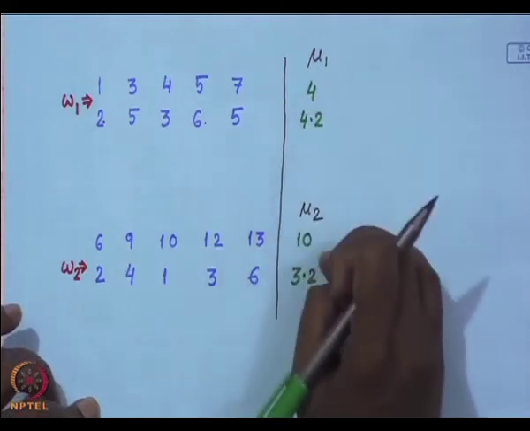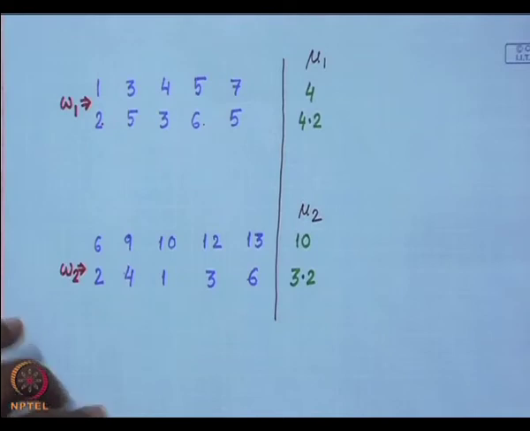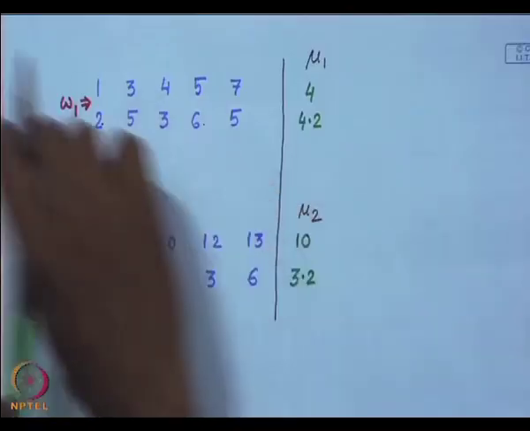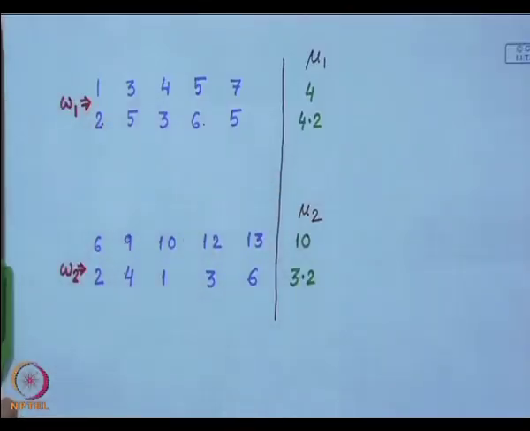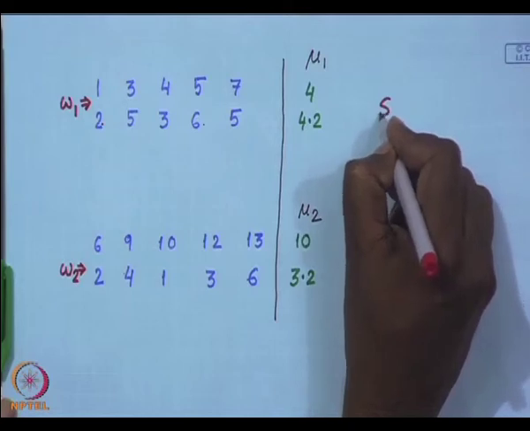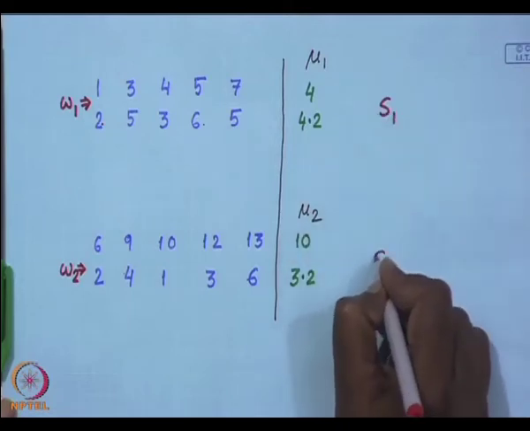Once I have these two means, I have to compute the scatter of the feature vectors belonging to class omega 1 and the scatter of the feature vectors belonging to class omega 2. That means I have to compute S 1 and S 2.